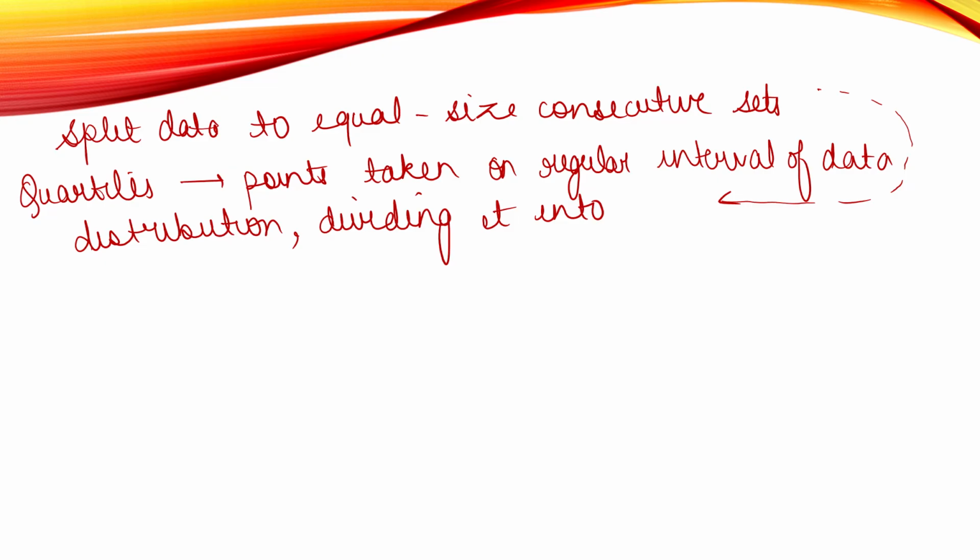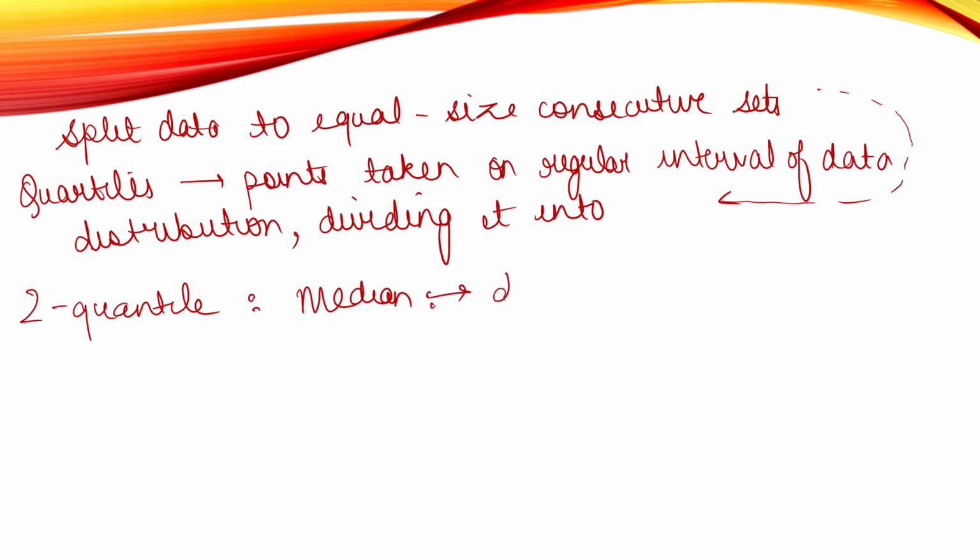So what is the second quantile? We can say Q2 quantile. This basically is the data point dividing the upper and lower values of a data distribution. Basically the median.